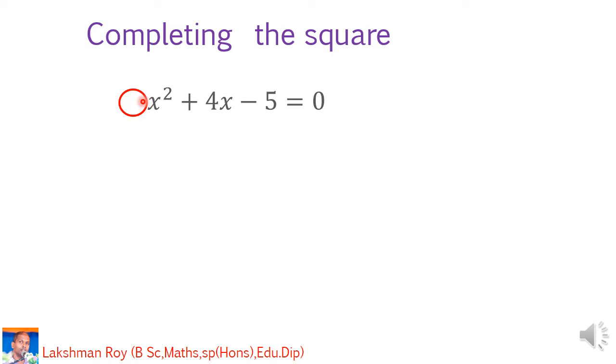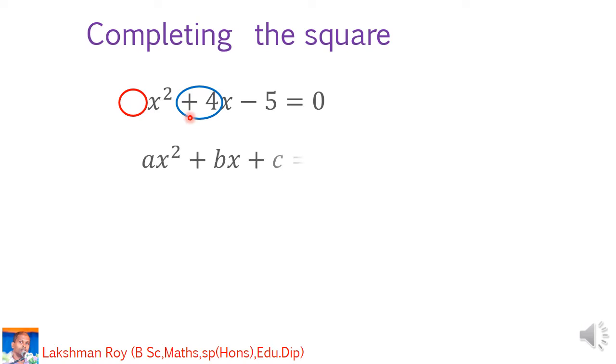That should be 1. Another condition is that the coefficient of x should be divisible by 2. If it is divisible by 2, then it is easy to apply the completing square method. So one condition is what? The coefficient of x square should be 1 and the coefficient of x should be divisible by 2.